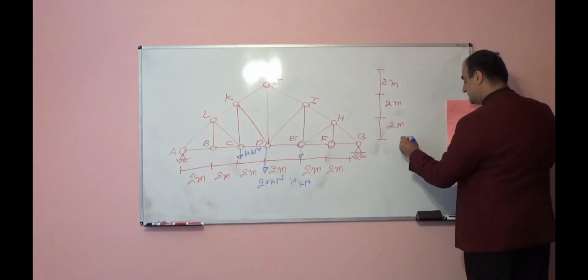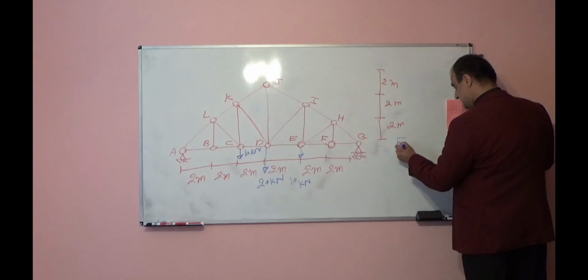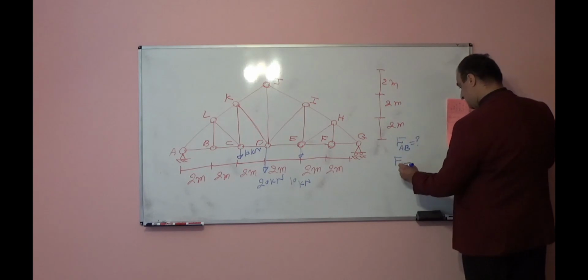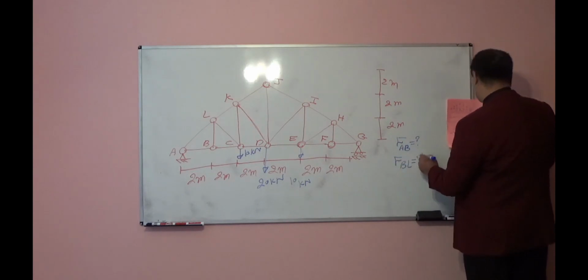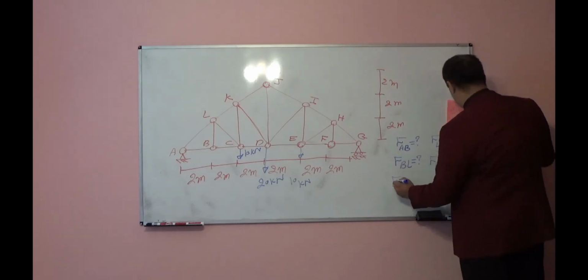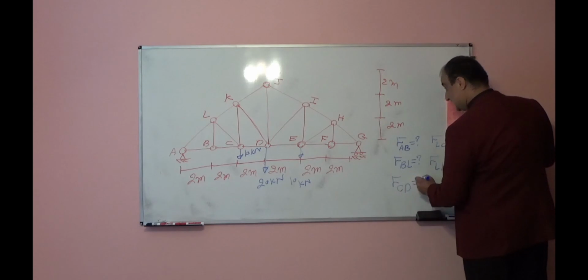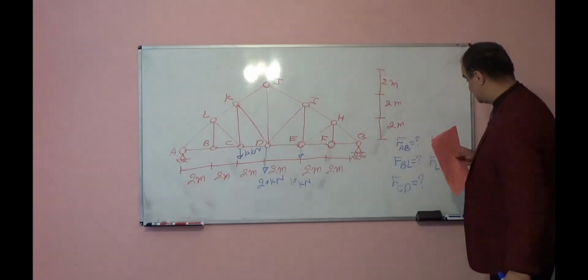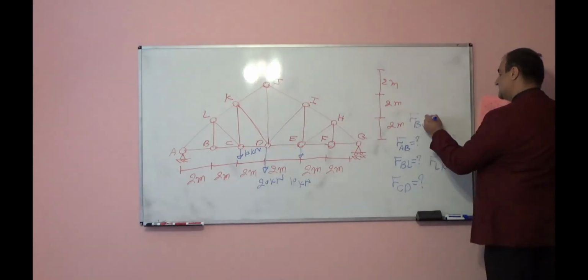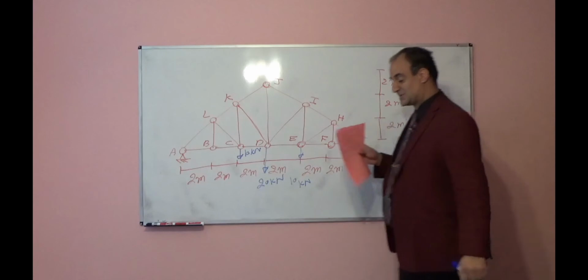Then find internal force in member AB, for member BL, for member LC, for member LK, and for member CD, and even for member BC, using section method.